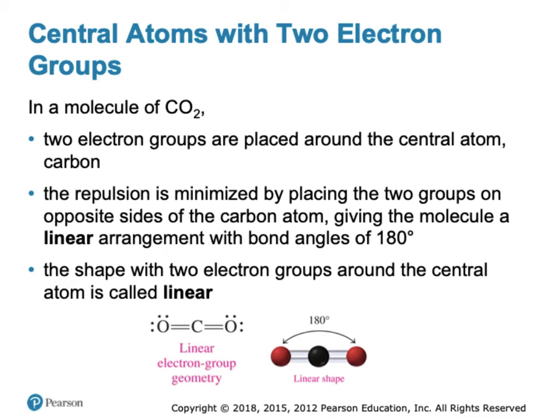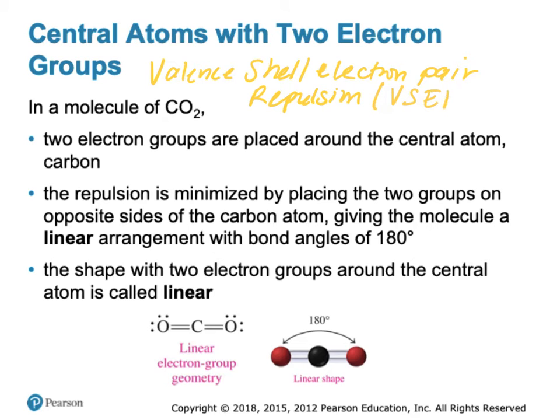The whole theory of molecular shape is going to be based upon what's called valence shell electron pair repulsion, also known as VSEPR.